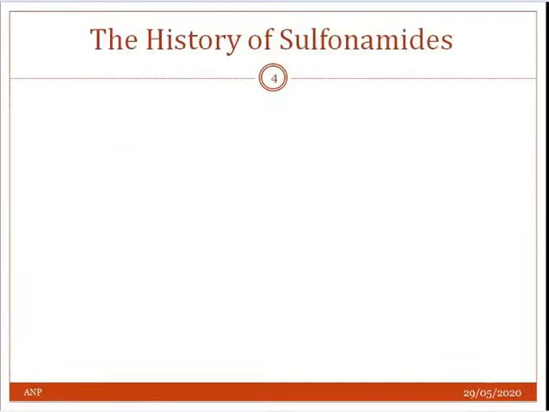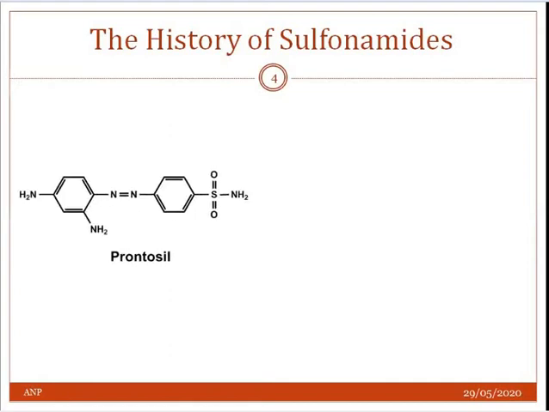Then the history of sulfonamides. Actually, the sulfonamide story began in the year 1935 when it was discovered that a red dye, the prontosil, which was used as a dye in the dyeing industry at that time, and this is the structure of prontosil, had antibacterial properties in vivo, that is when given to laboratory animals.